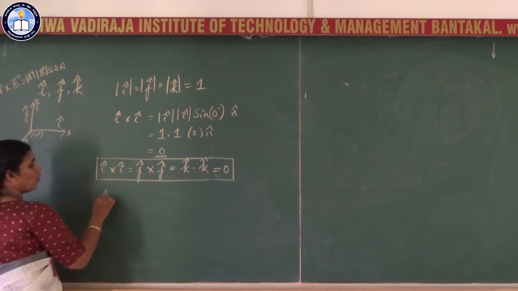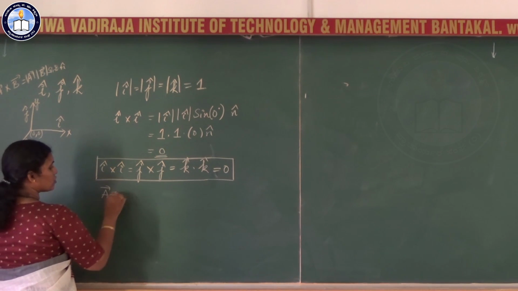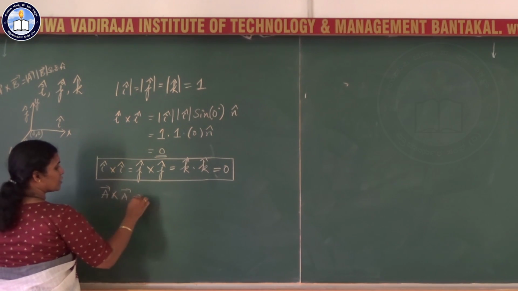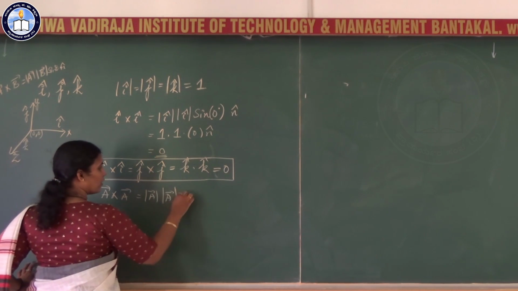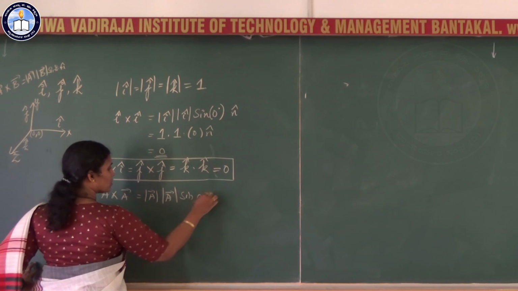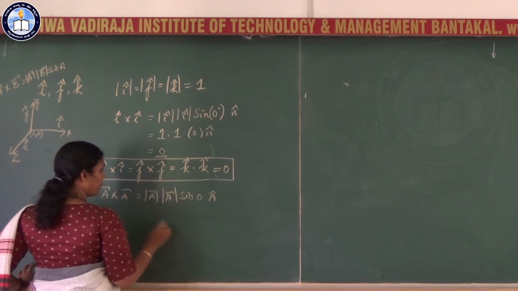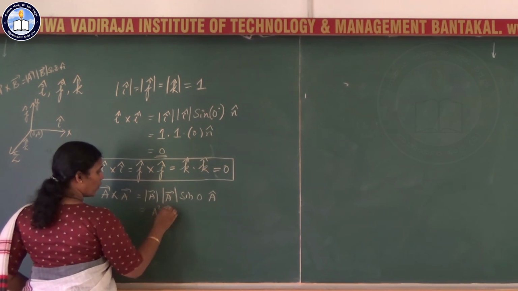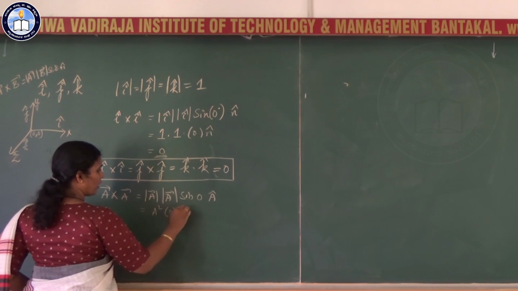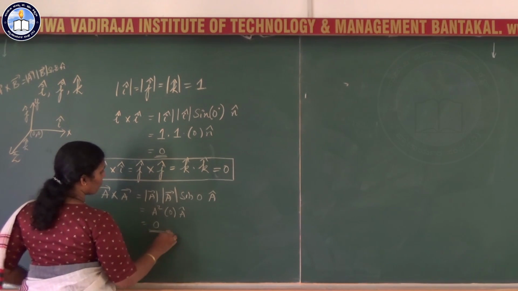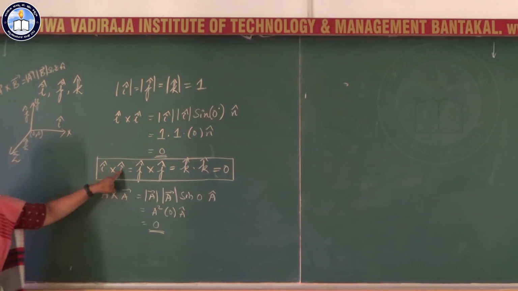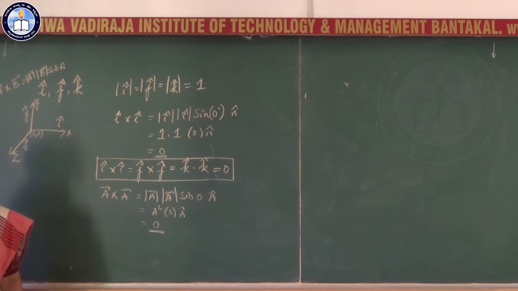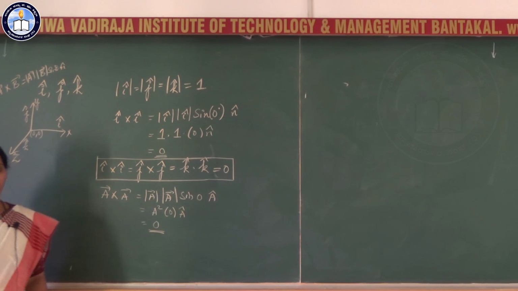That is, if you go for A vector cross A vector, that is magnitude of A vector into magnitude of A vector into sine 0 into n cap. So it is A square into 0 into n cap equal to 0. So the magnitude of cross product with itself is equal to 0. An important thing to remember.